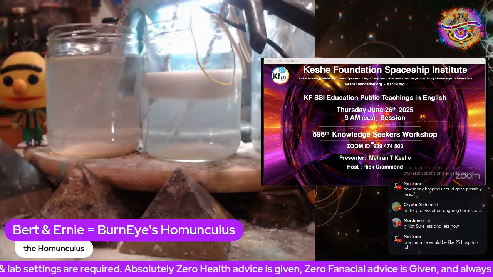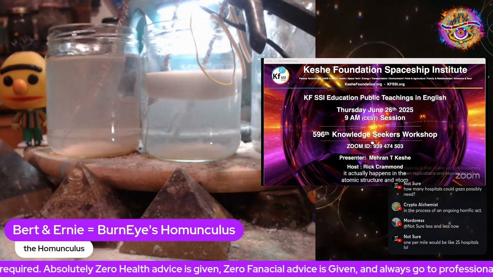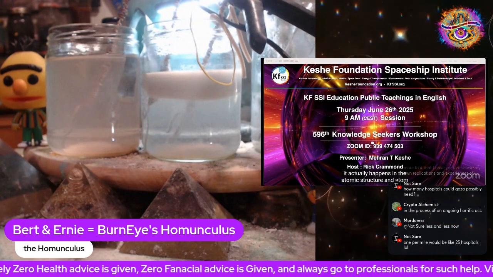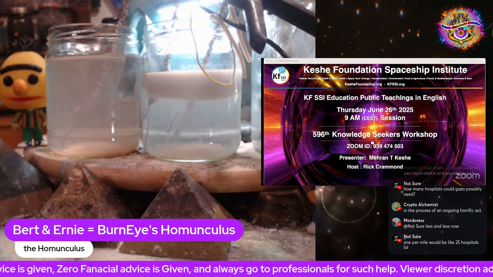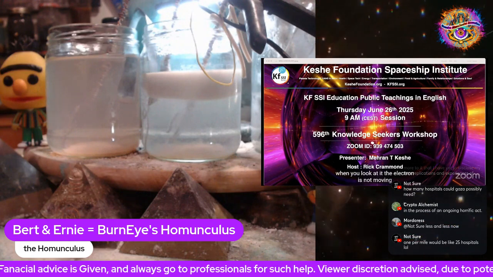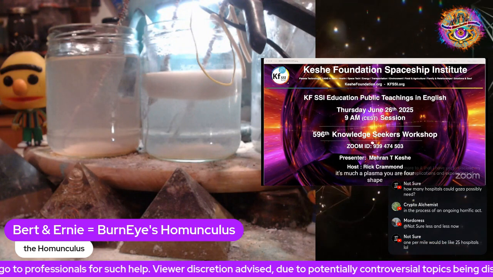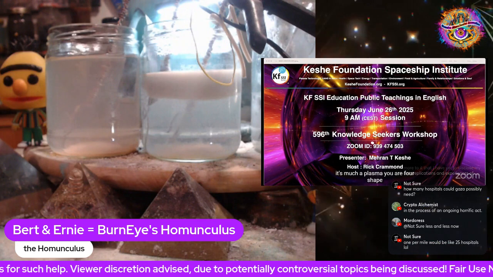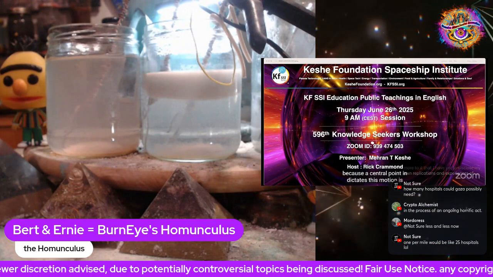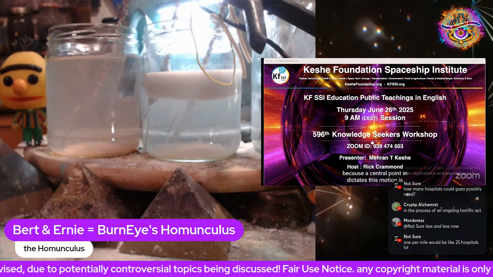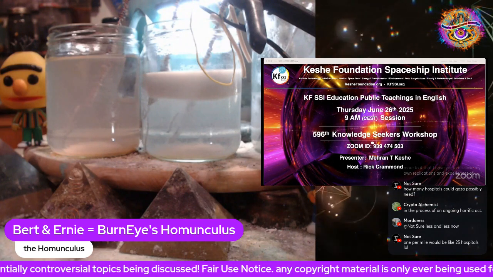This is how it actually happens in the atomic structure. When you look at an atom, the electron is not moving spherically. It's very much a plasma UFO shape, because its central point dictates its motion. It's not a ball that you see or follow.